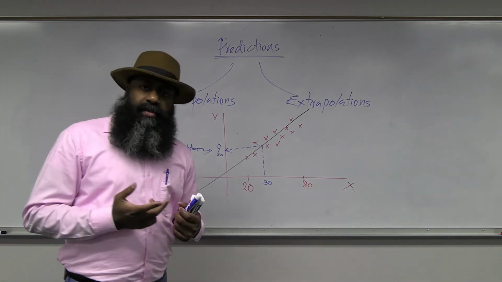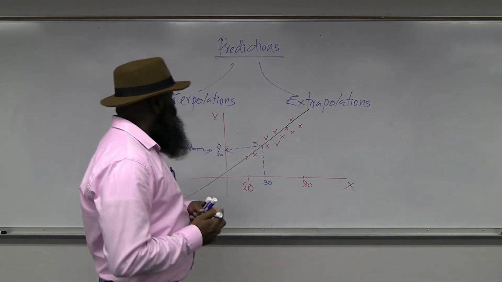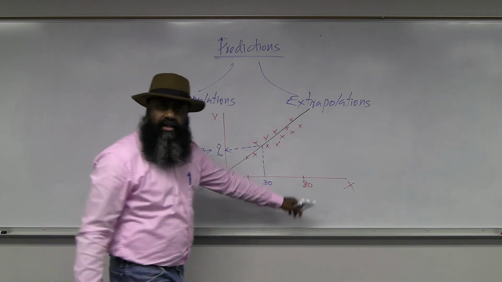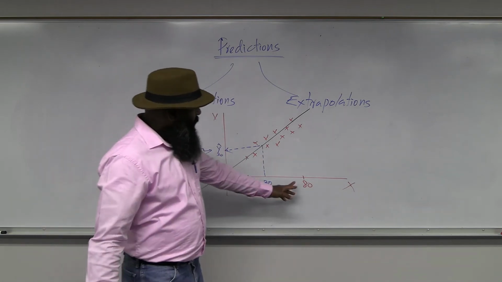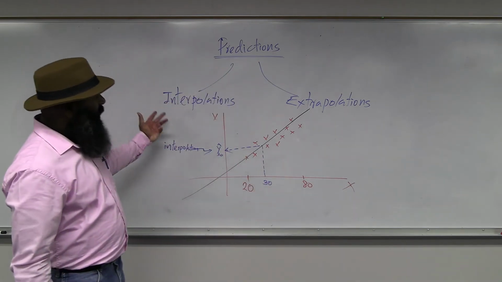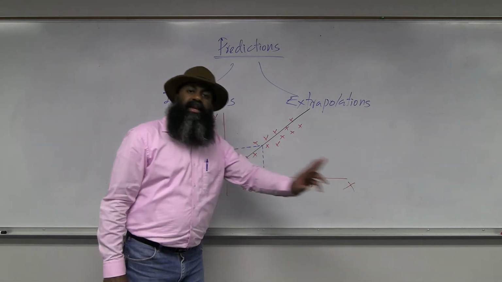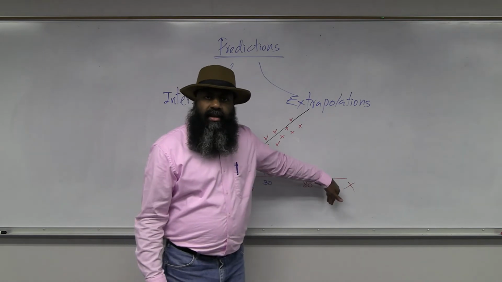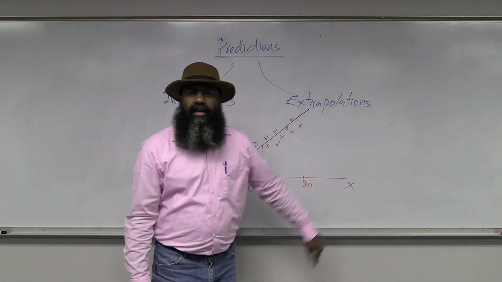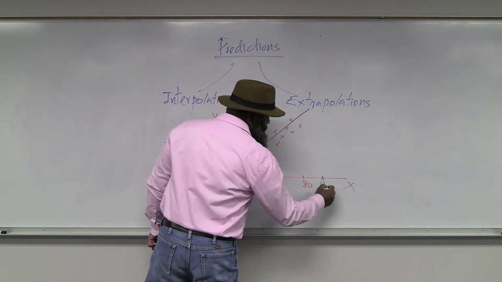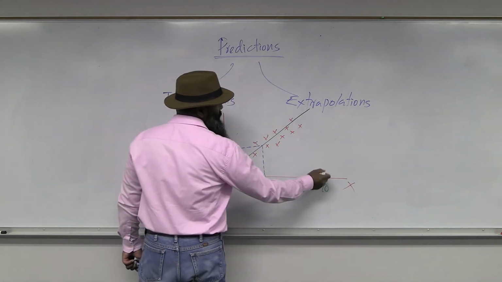Let's say, for example, I would like to predict the y value for an x value outside of these two values. For example, if I need to predict the y value when x is equal to 90, I don't have any single data point including or something larger than that 90. But I would still like to predict the y value when x is equal to 90.